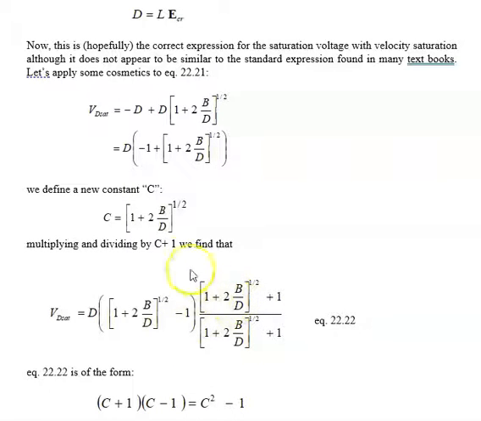I multiply and divide by C plus 1. And if I do that, this is C. This is C. I'm multiplying and dividing by the same thing, so all this is just 1. But here I have C plus 1. And here, of course, I'm dividing by C plus 1.